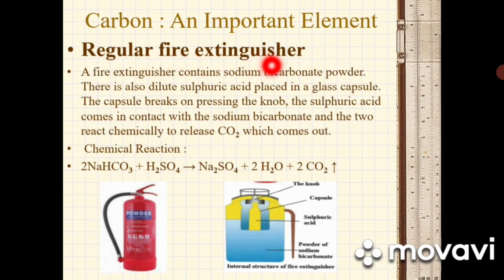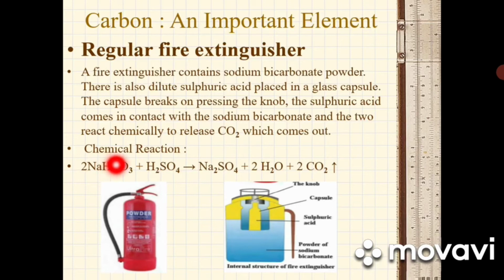Regular fire extinguisher. A fire extinguisher contains sodium bicarbonate powder. There is also dilute sulfuric acid placed in a glass capsule. The capsule breaks on pressing the knob. The sulfuric acid comes in contact with the sodium bicarbonate and the two react chemically to release carbon dioxide, which comes out.